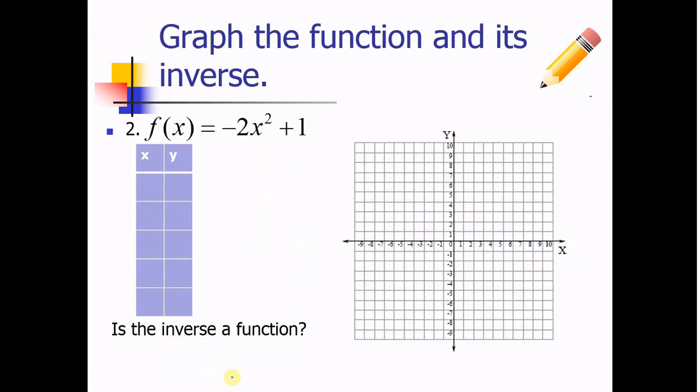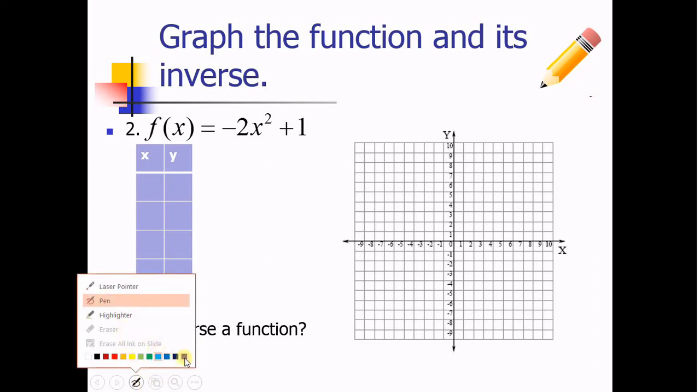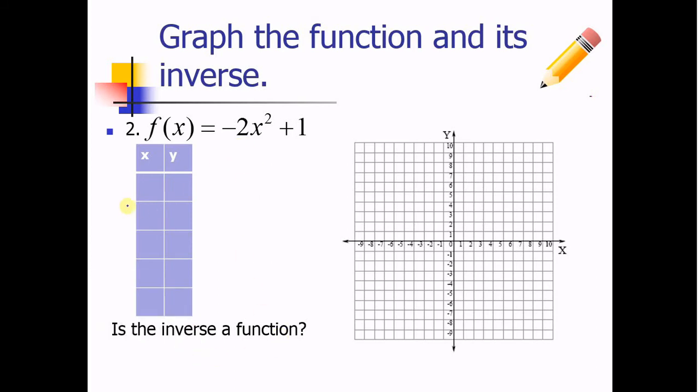Let's try this one. So we need to graph this function and its inverse. So let's first graph the function. So I'm going to use the same points, -2, -1, 0, 1, and 2. Plug in that -2. So up here, I'm just kind of going to write what I'm going to be doing here. -2 squared, that is 4. 4 times -2, that's -8.